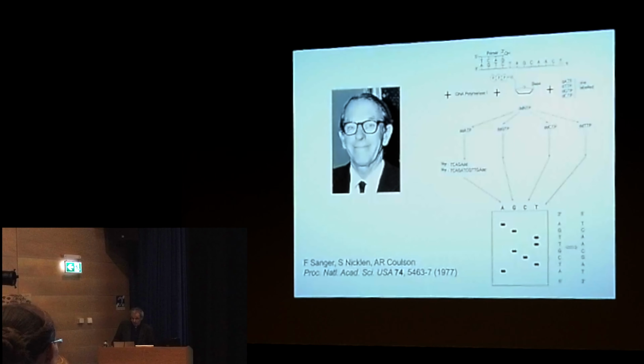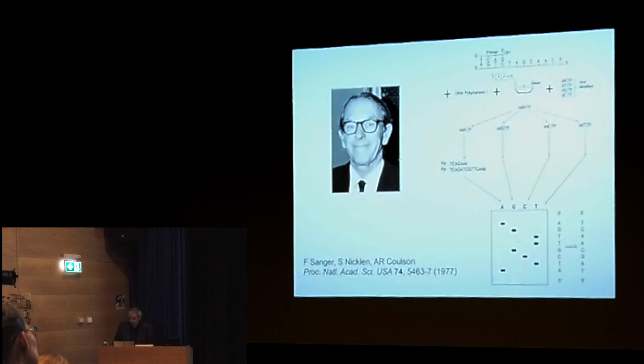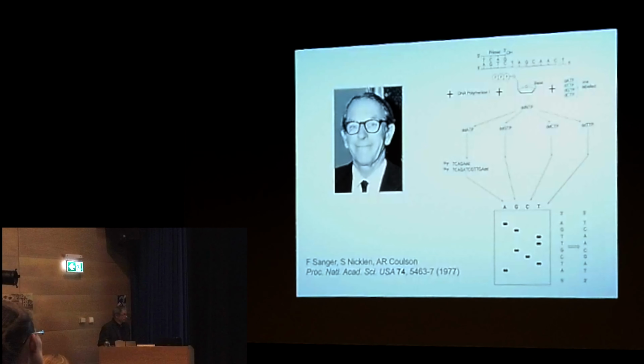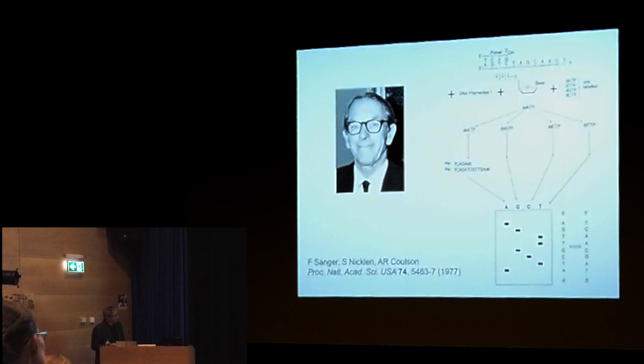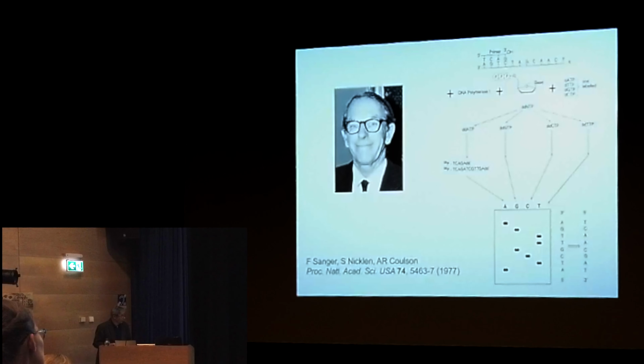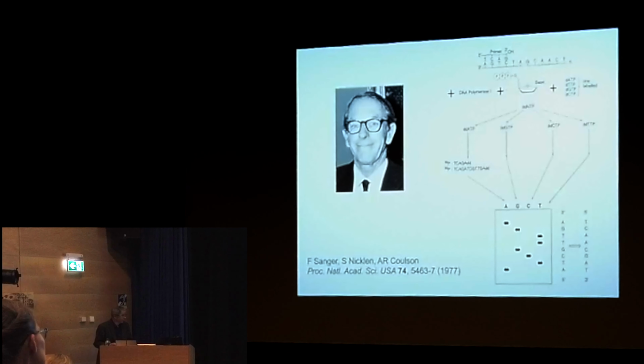So this is how, at the time, the sequencing was done. This was a method developed by Fred Sanger in the biochemistry department in Cambridge. So you have DNA, and you have these bases. And in that method, you copy the DNA, so you have a DNA polymerase, you have all 4 bases, and you have terminators, which are either fluorophore labeled or radioactively labeled. So if you incorporate one of these terminators, you stop copying the DNA.